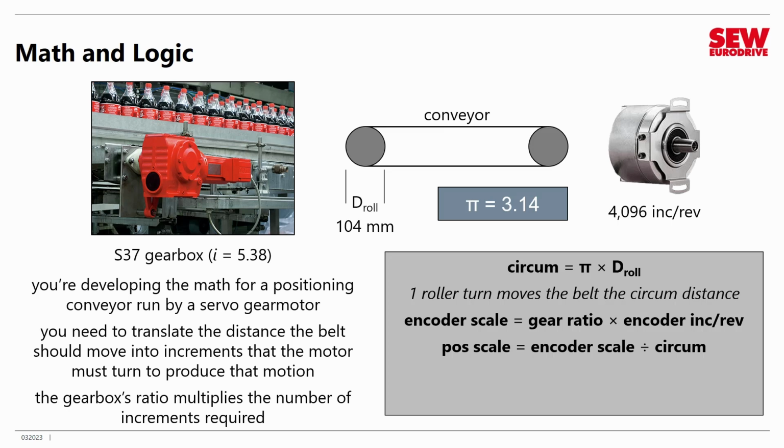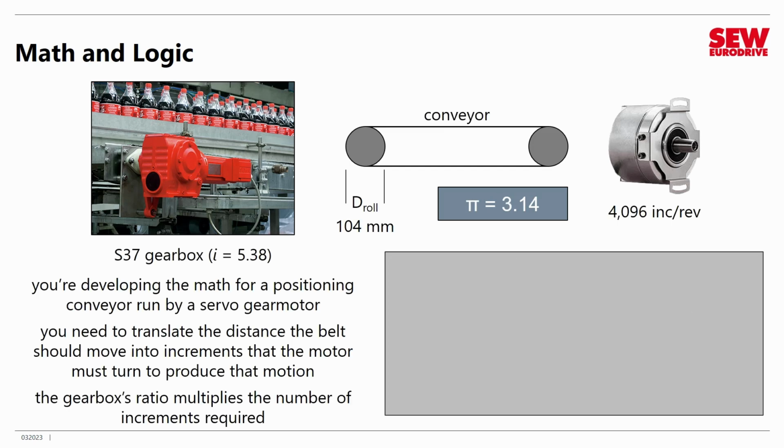That'll give us a scale factor that can translate distance to increments. And then when we want to actually make things move, we just take the distance we want to move in millimeters, multiply it by the position scale factor, and out will pop a number that's the number of increments that we need to count from that encoder to move that distance. Pretty simple, but you can see there's definitely some fraction math going on here.